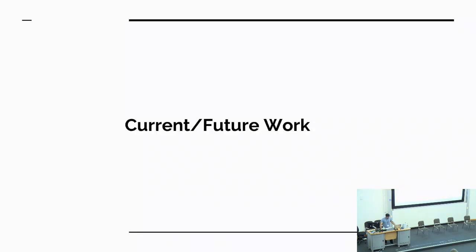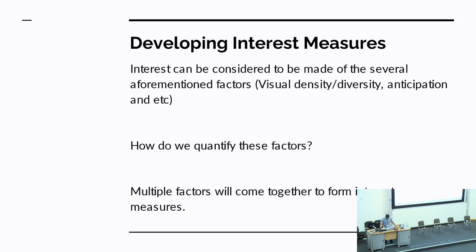So, just going to talk a bit about my current and future work in this project. I'm trying to develop interest measures. The aforementioned features should be quantified to form multiple or a single interest reward function for an AI to drop into a level and say, okay, how interesting is this?